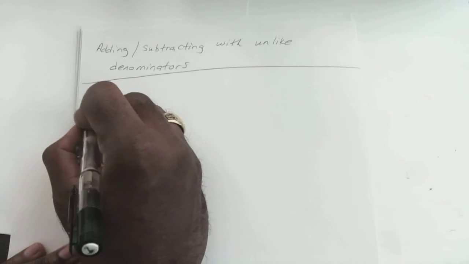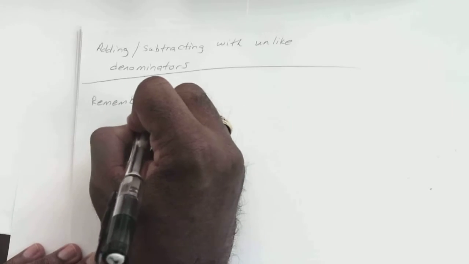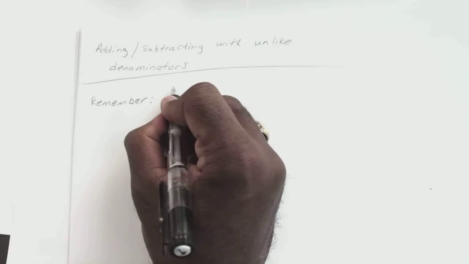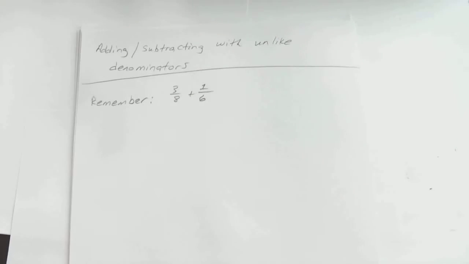Okay, so just like before, we're going to compare them to how we handle just regular ordinary fractions. So let's say we have 3 over 8 plus 1 over 6.